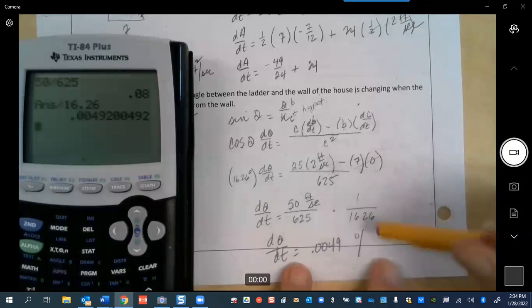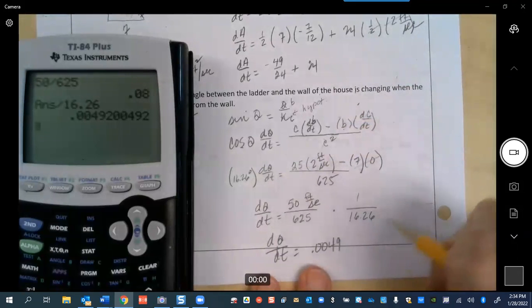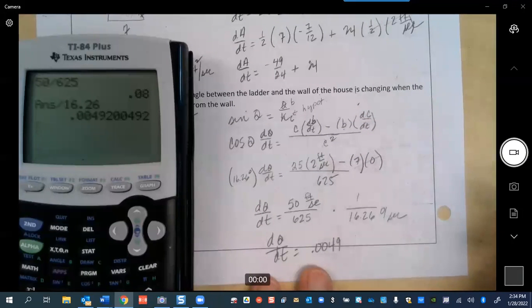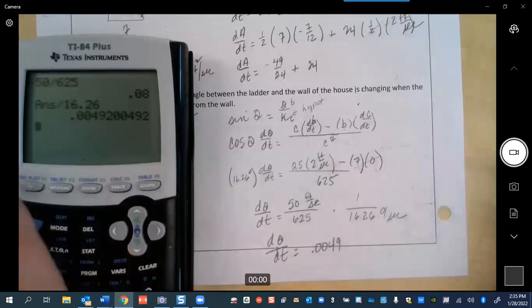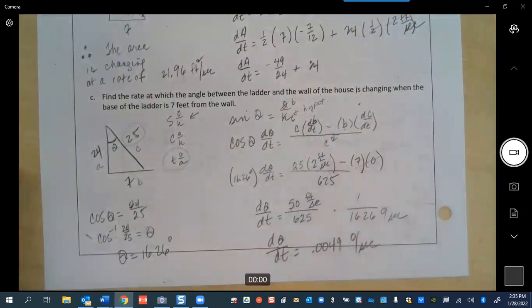This is degrees per second, so it's going to be the rate at which the angle is changing, in degrees per second. Right. Cool. Right. Yes.